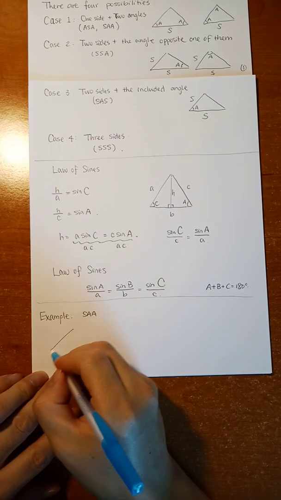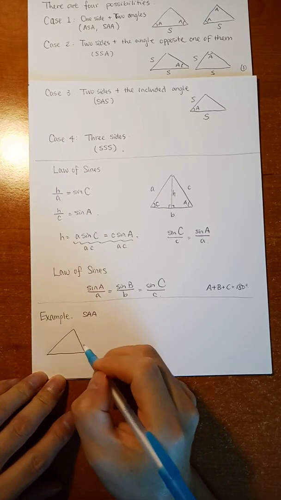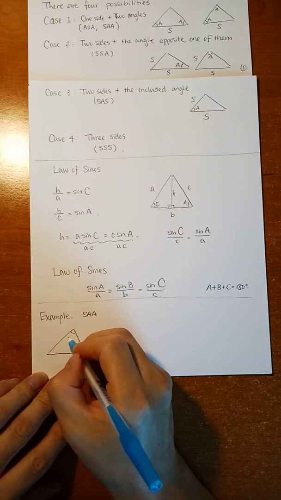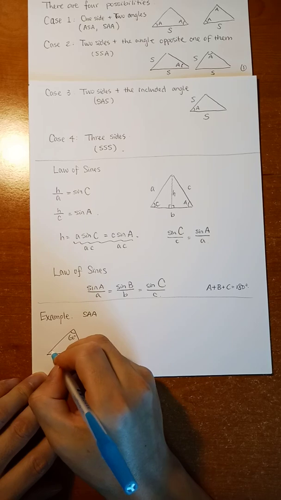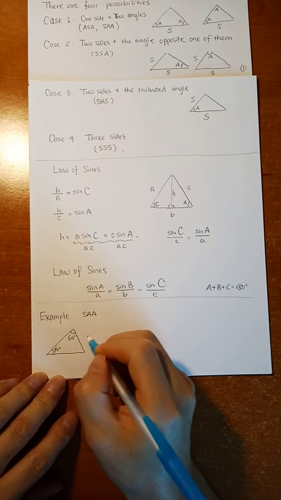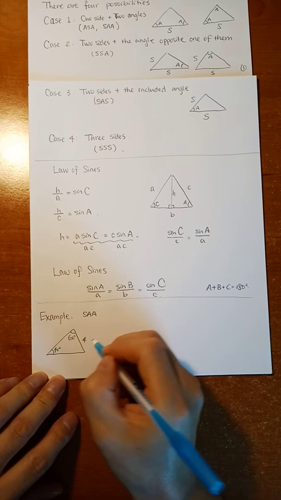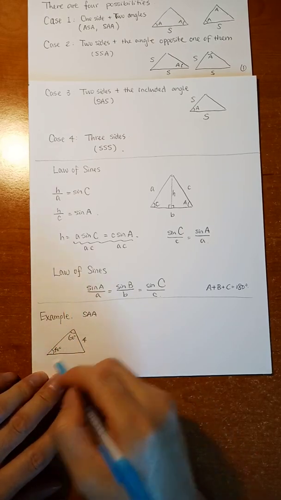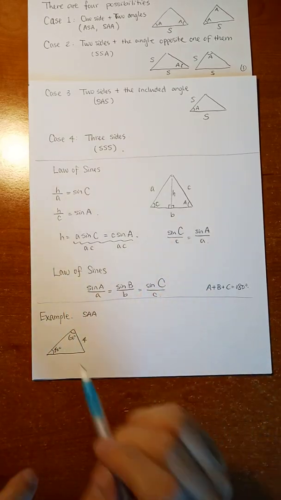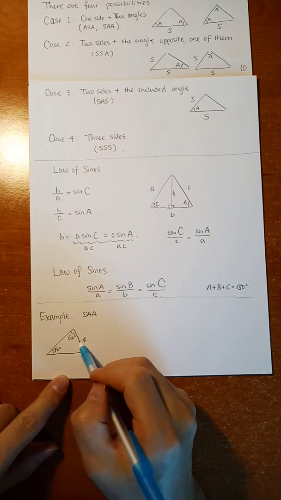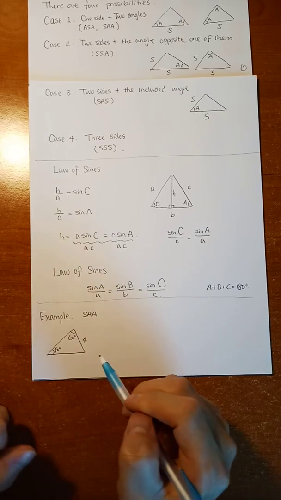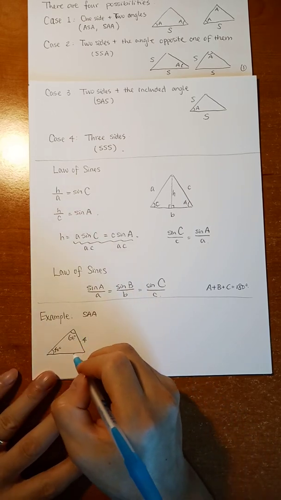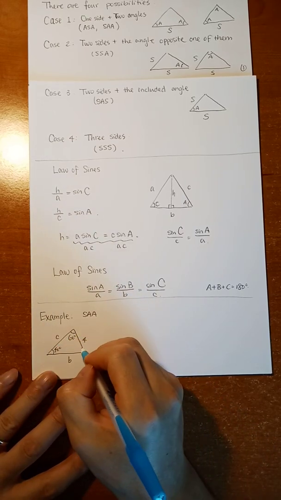So we know this angle is 60 degrees, this angle is 40 degrees, and we know this side is 4. So SAA is in order, clockwise or counterclockwise, that's not important, but it has to be in order: the side, angle, and the next angle. Okay, so this side is called B, this is C, this is angle C.